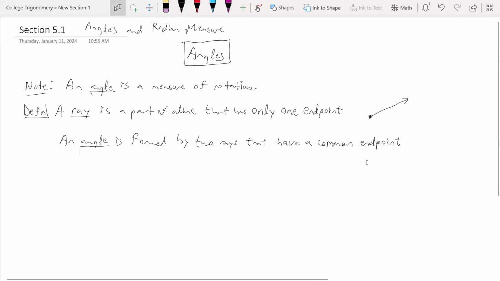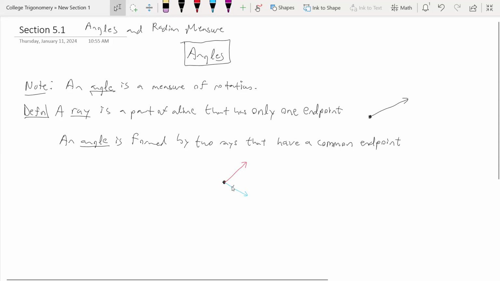And so what does that look like? Well, we have a common endpoint. So we're going to have two rays coming off of this thing. Let's say one of my rays is going this way, right? A blue ray, right? And then another ray is going off this way, a red ray, okay? And then an angle is formed by these two rays. But really, there's two different angles we could be talking about there, right?